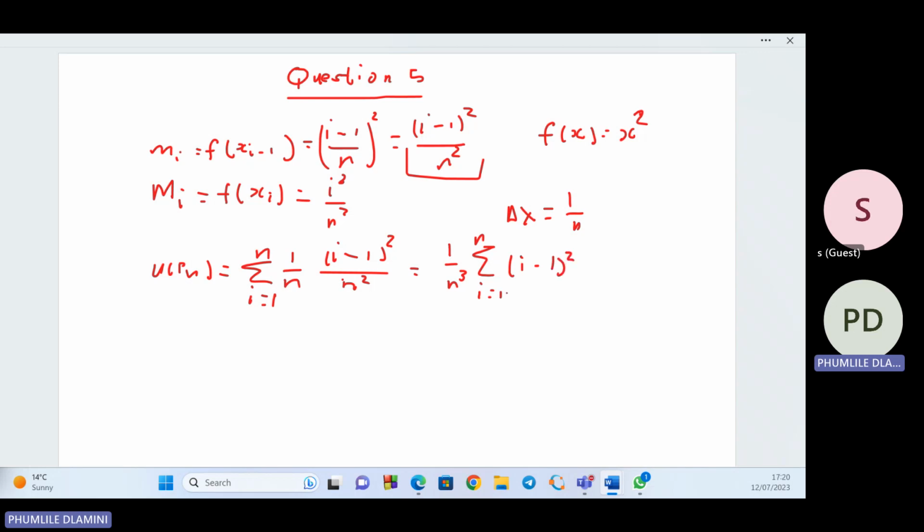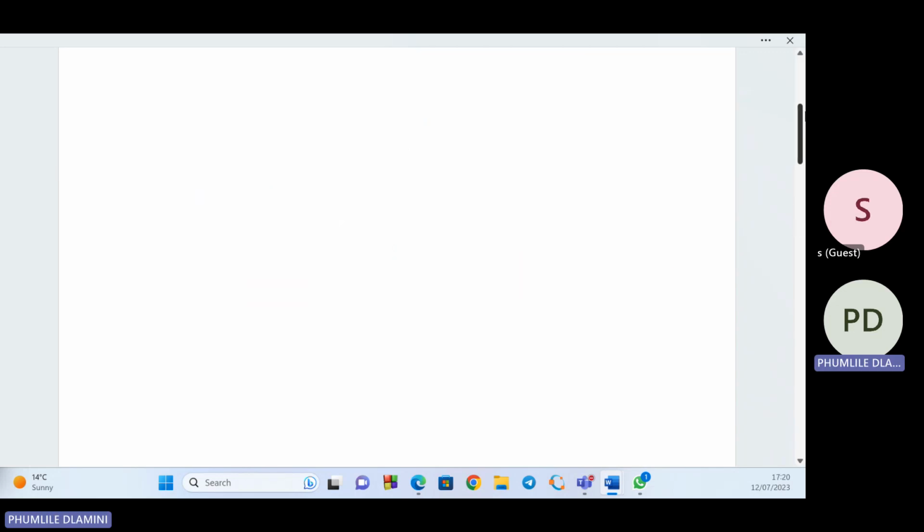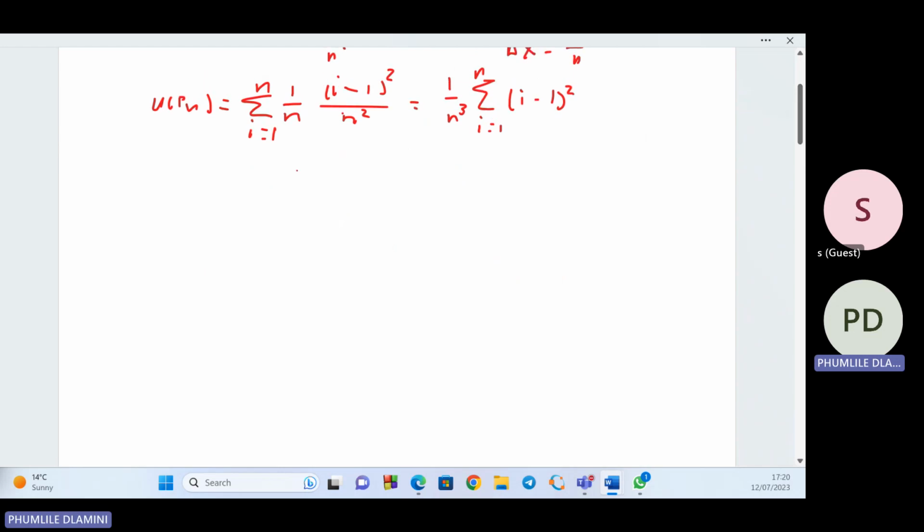So now, in order for us to get this solution properly, you will see that we can rewrite this equation as 1 over n cubed of the sum from i equals 1 to n. Then we can just simplify this equation. When you simplify (i minus 1) squared, it's going to be i squared minus 2i plus 1.